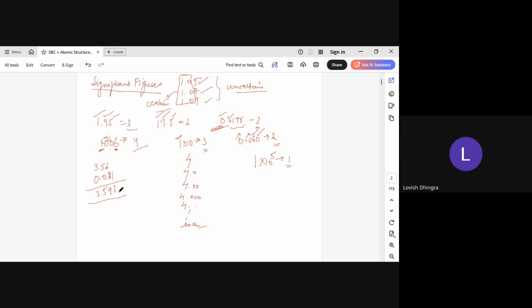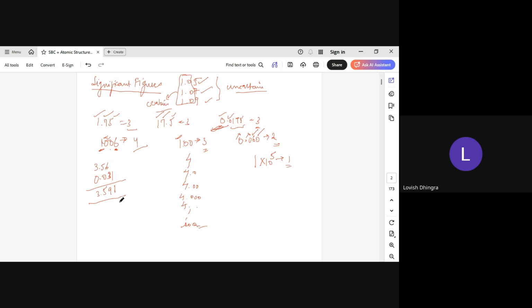Now how many significant figures does this particular number have? 4. Okay. Wait, let me check. I've written it right. Yes, so it's supposed to have 2, right?